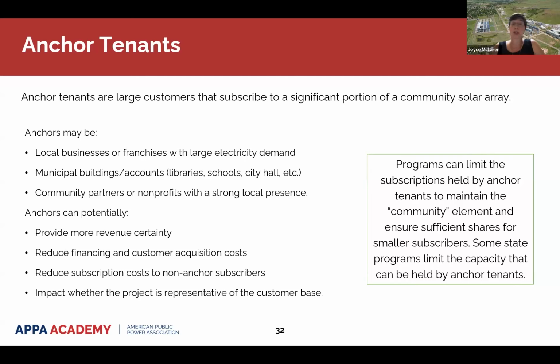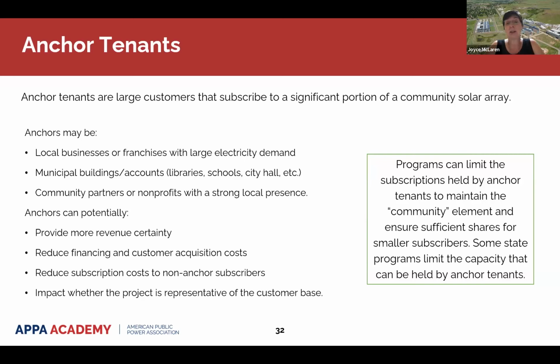They're going to potentially reduce financing costs if that's a concern. They can help you with customer acquisition, and reduce customer acquisition costs by taking a portion of the subscriptions. And really, they can be, like I said, kind of an advertiser, helping you advertise the project.